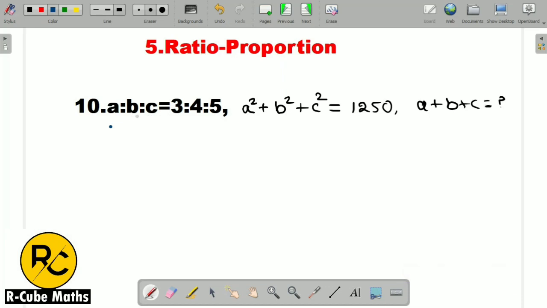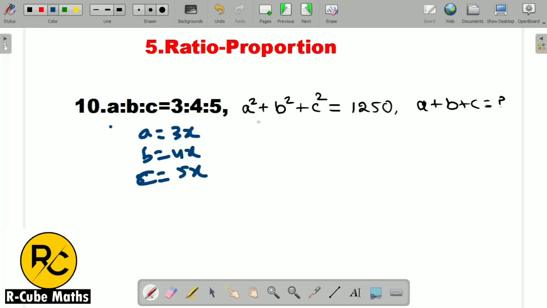The ratio of three numbers is 3 is to 4 is to 5 and the sum of the squares of those three numbers is 1250. Find the sum of those three numbers. So what is the given information? The ratio of three numbers a is to b is to c: a is a multiple of 3, that is 3x, b is a multiple of 4, that is 4x, and c is a multiple of 5, that is 5x.